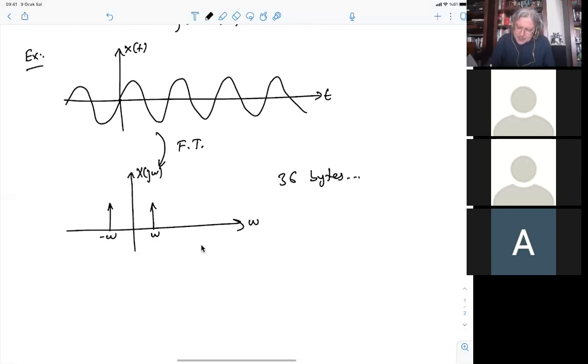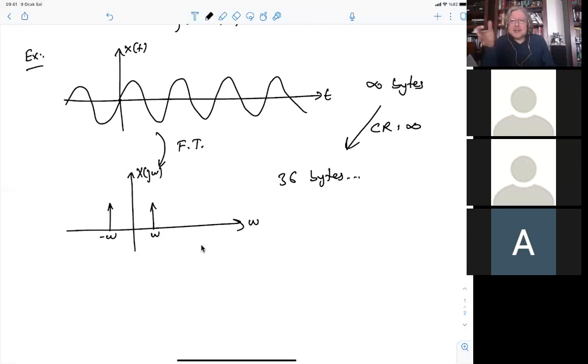This is, by the way, infinity bytes. So what kind of a compression ratio? It's infinity. The compression ratio is infinity. What did I do? Did the information change? Well, actually, the information changed in terms of looking at the signal.